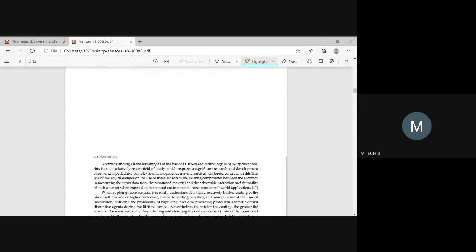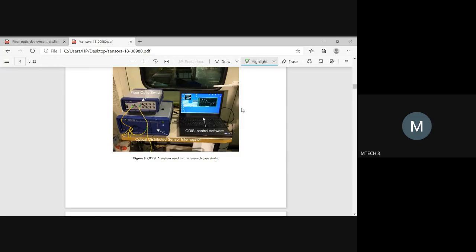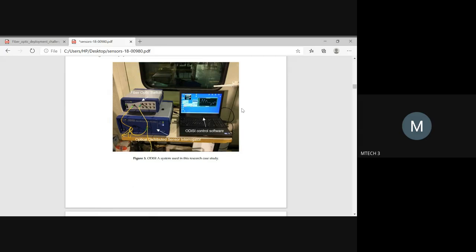So this is the entire glimpse of the importance of optical fiber sensors, and now you are aware of the difference between distributed and regular optical fiber sensors, why they are used, how they are used, what their applications are, and how they have a better point in comparison to electrical sensors.